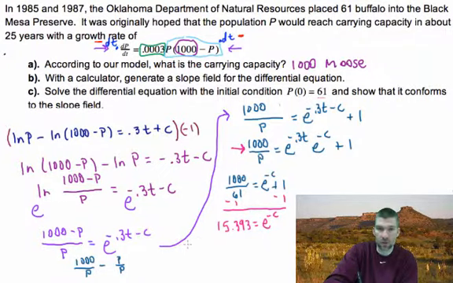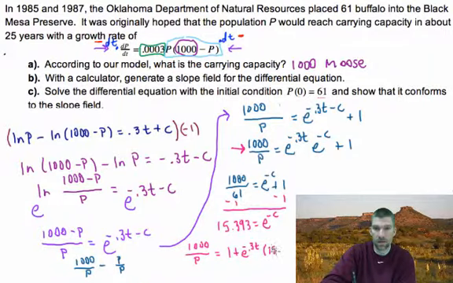So again, with the algebra, 1,000 over p is equal to 1 plus e to the negative 0.3t times e to the negative c, which is 15.393. All right.